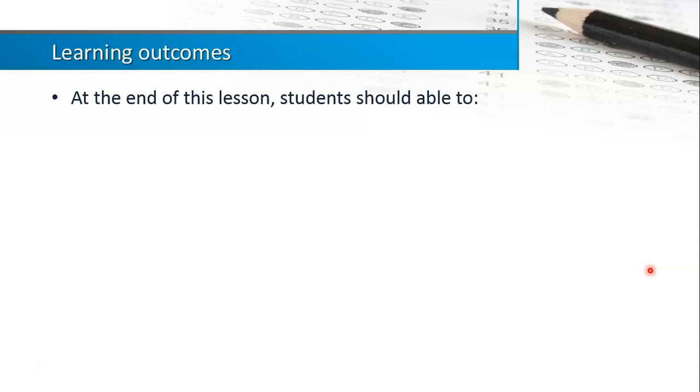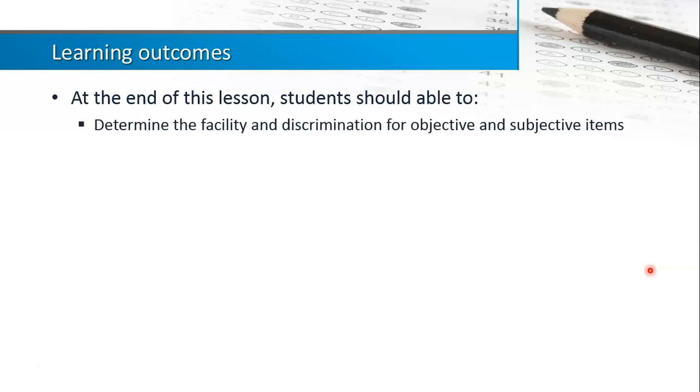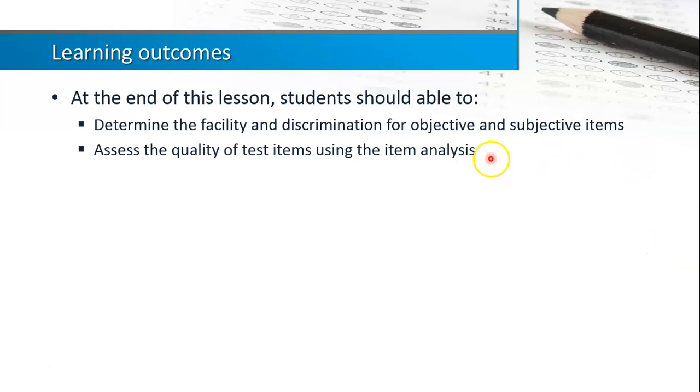For this unit, you should be able to determine the facility and discrimination index for both objective and subjective items, and then you can assess or evaluate your test items using the item analysis technique that we have learned from this unit.